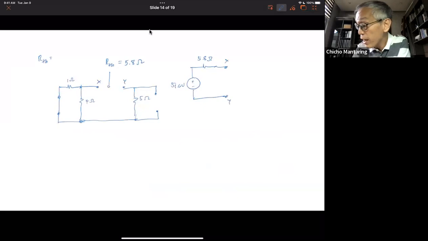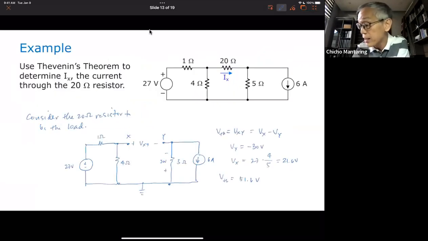We should reconnect now the 20 ohms. You reconnect now the 20 ohms, and whatever current flows through that would be the answer to my problem. That would be I of X. That would be this current.